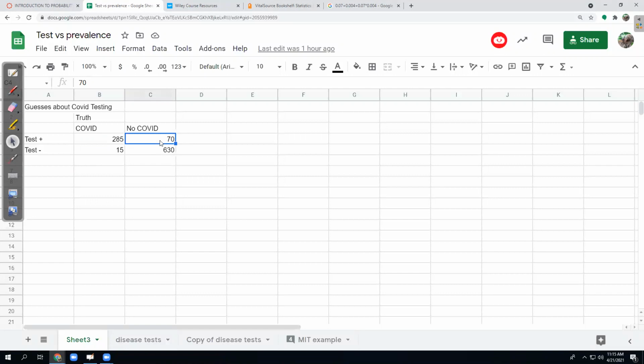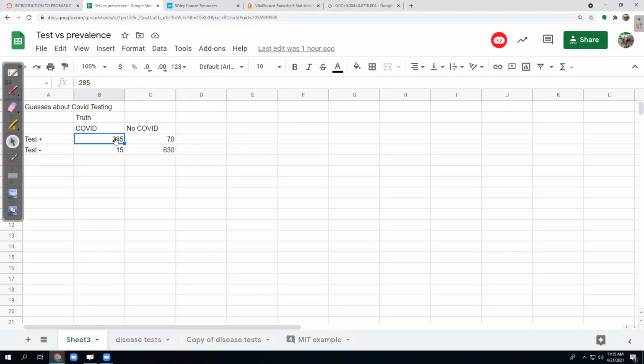I have 70 people that did not have COVID and they tested positive. And I have 630 people that did not have COVID and they tested negative. Right, so this would be a good result there. They didn't have COVID, the test was negative, that's a true negative. Up here, the 285, they did have COVID, they tested positive, that's what we call a true positive.